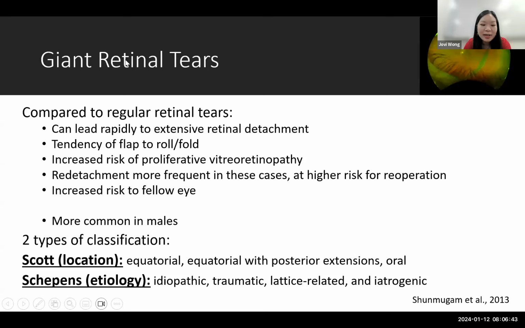Under the Schepens classification, we can classify them as idiopathic, which is the most common, traumatic, lattice degeneration related, or iatrogenic. So indeed, you could have a giant retinal tear caused by another procedure or another surgery that we've done.